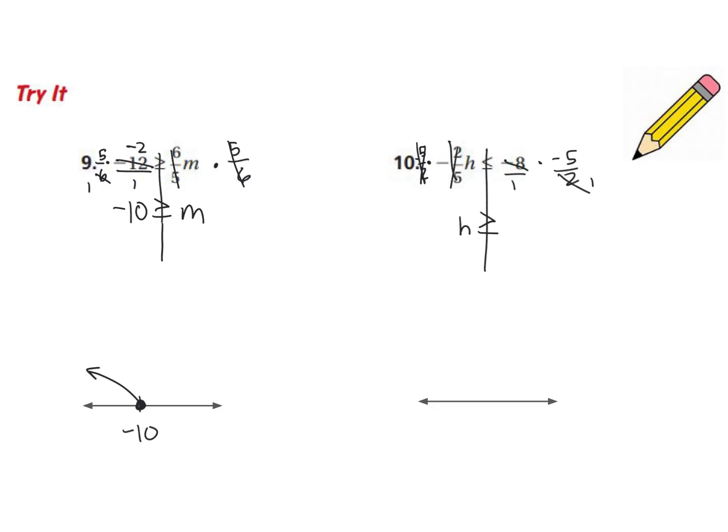Negative 8 and 2 can simplify to 1 and negative 4. Both of my numbers on the bottom are 1, so I'm going to get a whole number. Negative 4 times negative 5 is positive 20. 20 becomes my reference point. I can use 20 as an answer, so I'm going to fill in my circle. And this time my mouth opens towards my variable, so I'm going to go to the right.